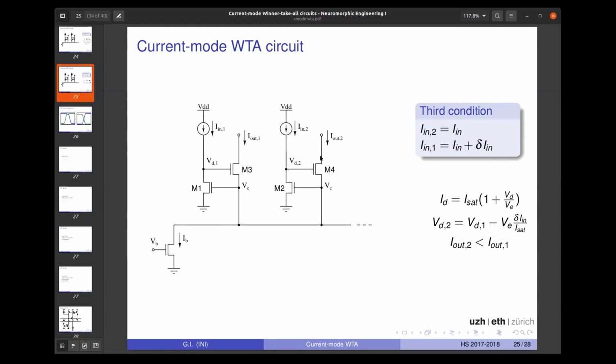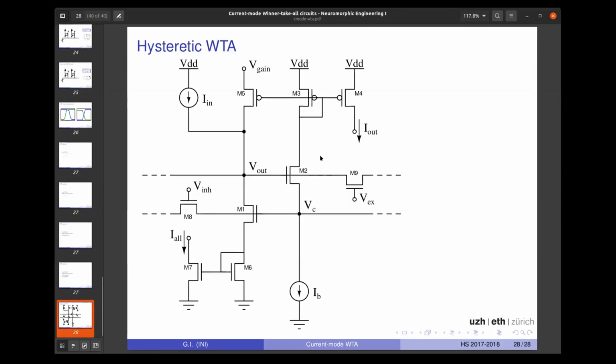winning. If we put the hysteretic part on, let's assume that you start everything up and someone becomes the winner because it has a higher input. That circuit was winning because it had a current larger than the other current, but now it is winning by a factor of also IB.